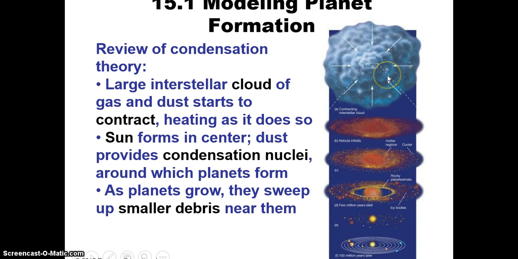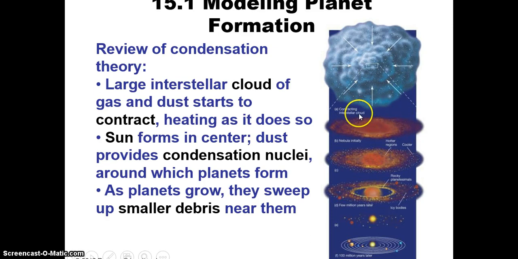As this thing contracts, gets smaller, the overall cloud begins to rotate, and not right away, but over the course of many millions of years, which in astronomy terms is a relatively short time, the cloud will collapse into a disk.